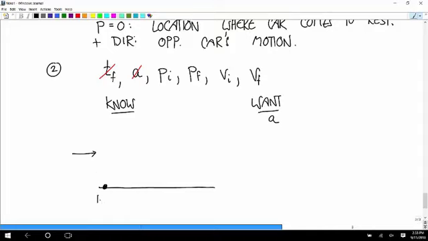This is where the car hits the brakes. This is where the car comes to rest.